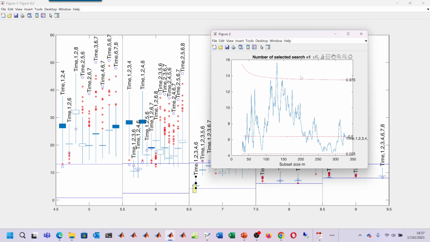We have used this plot throughout the book, also in chapter 10, for a confirmatory analysis.